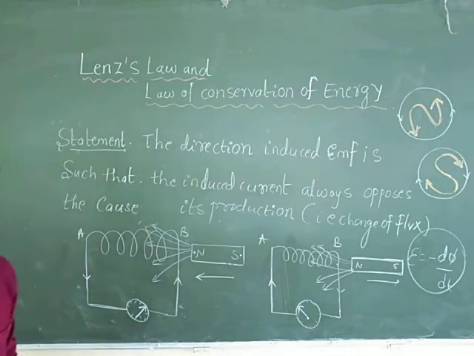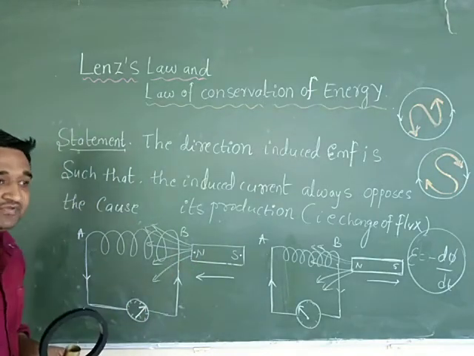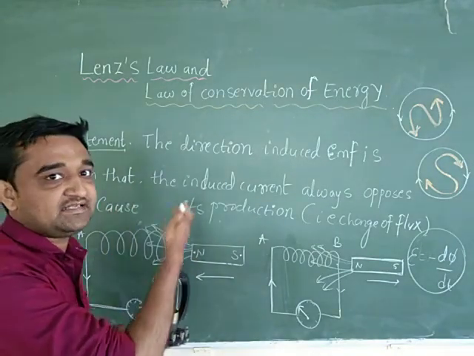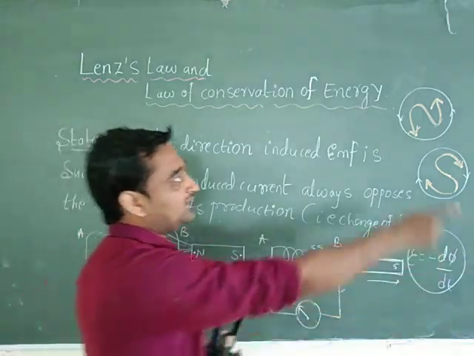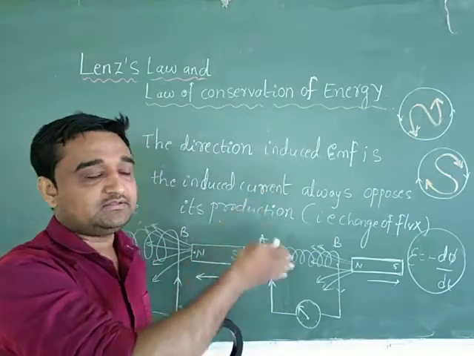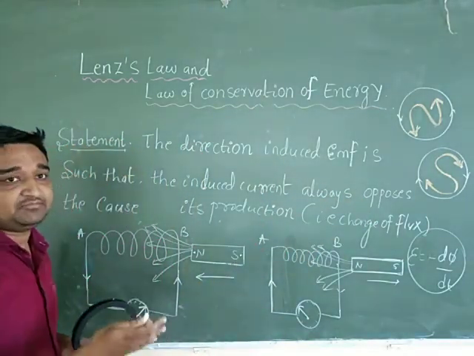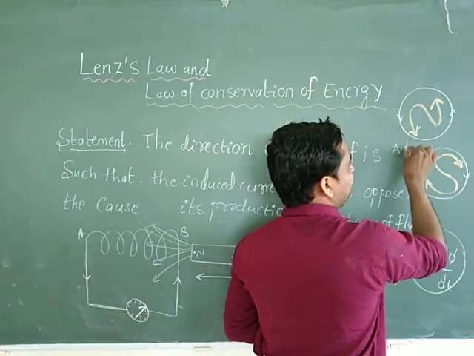So when the N pole of the bar magnet is moved towards the coil, this face acts as an N pole, in such a way that the direction of the current is induced. So the face of the coil should act as an N pole. That means there should be an anti-clockwise current in it.